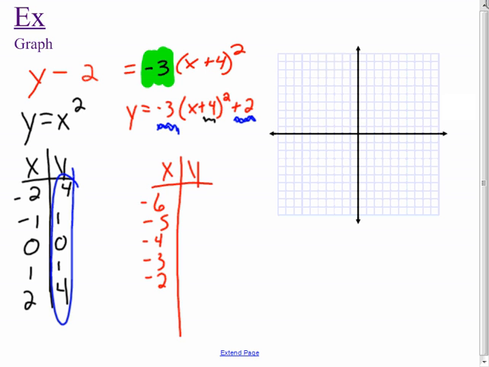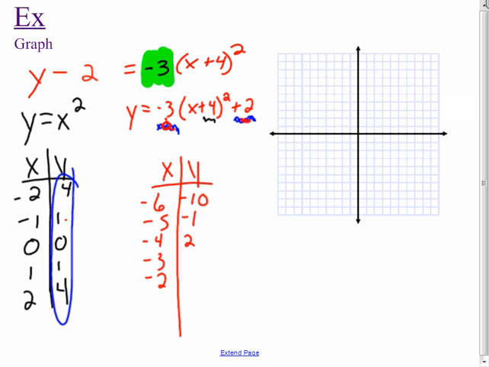So I'll start with the 4. 4 times -3 is -12, plus 2 is -10. And it was 1. I multiply it by -3, so I get -3, plus 2 is -1. It was 0 times -3 is 0, plus 2 is 2.